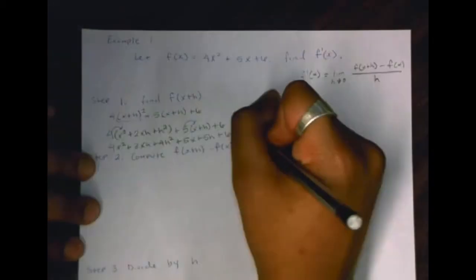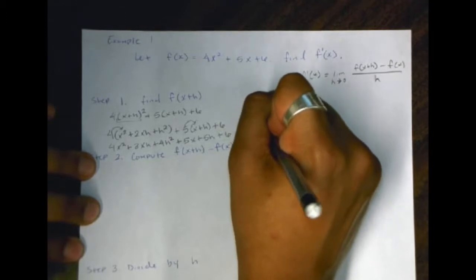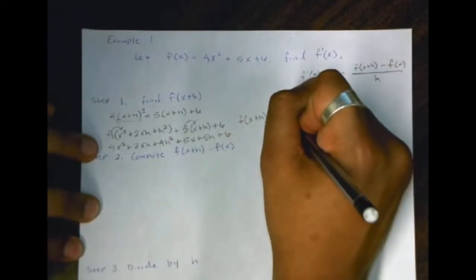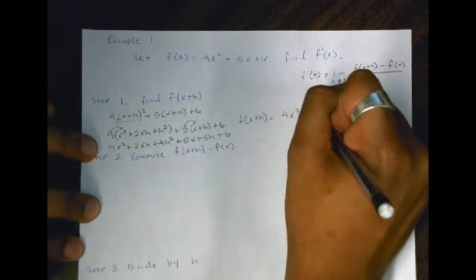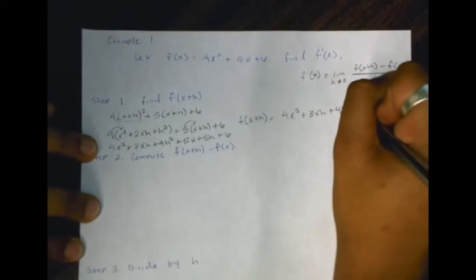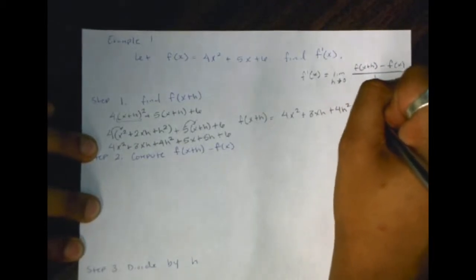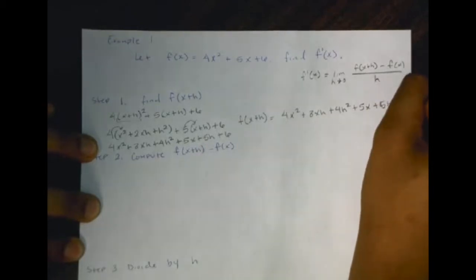I'll write that out here. So now I know that f of x plus h is equal to 4x squared plus 8xh plus 4h squared plus 5x plus 5h plus 6.